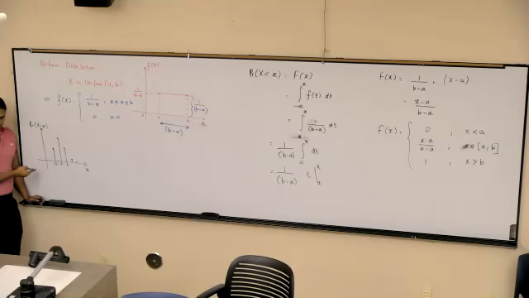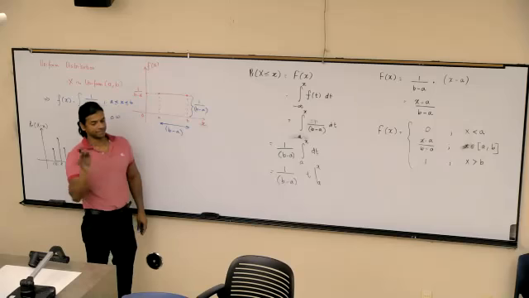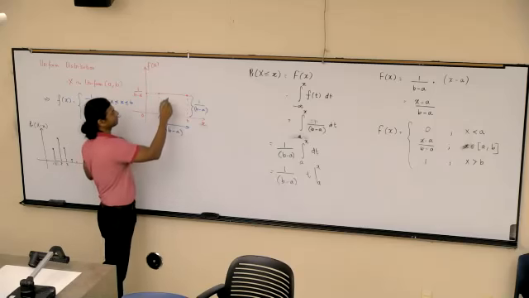Do we agree that that is discrete? Yes. How would you find it? You add them all up.